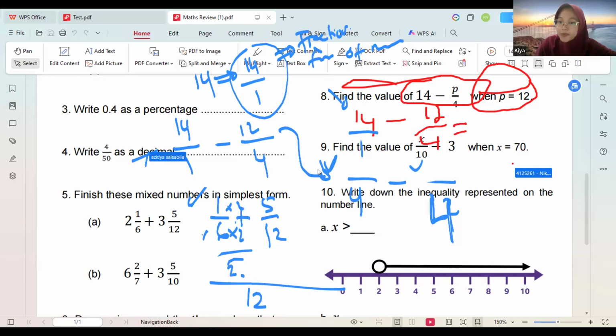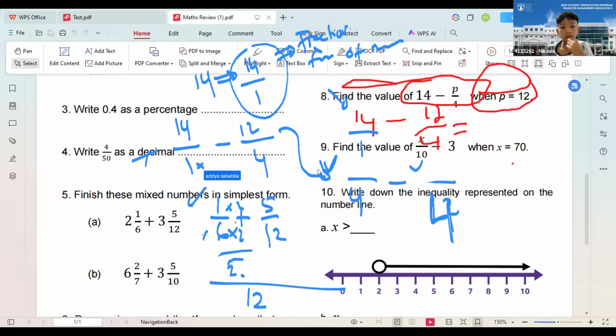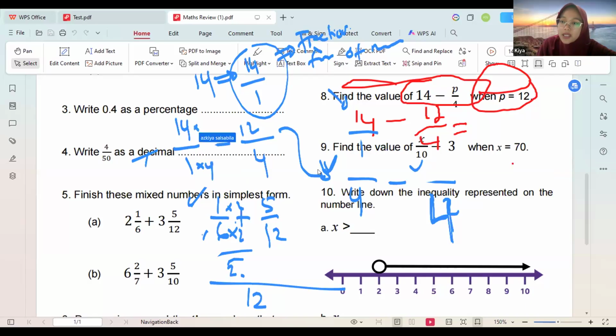It's the same. If you find the denominator 4, so what do you need to multiply here? Times 4. Yeah, also 4. So what is the number that I have to multiply to the numerator? If I multiply 4 to the denominator, so I have to multiply 14 times 4 again for the numerator.